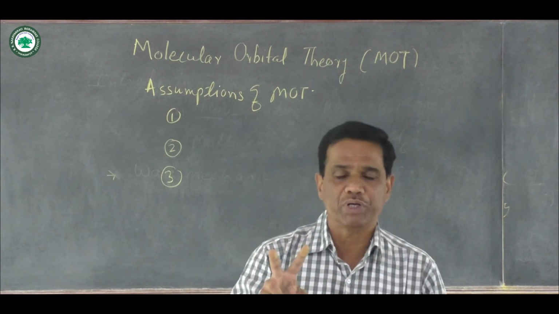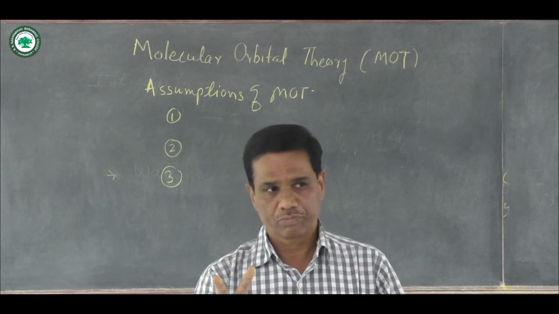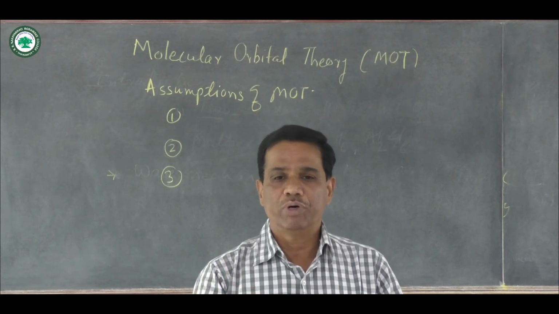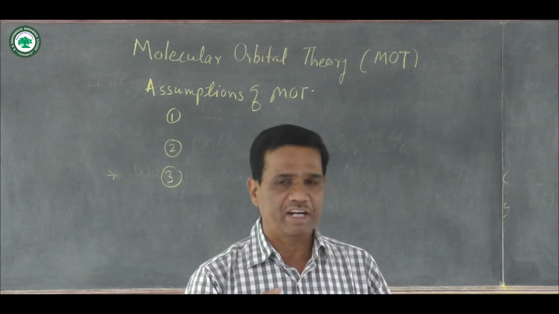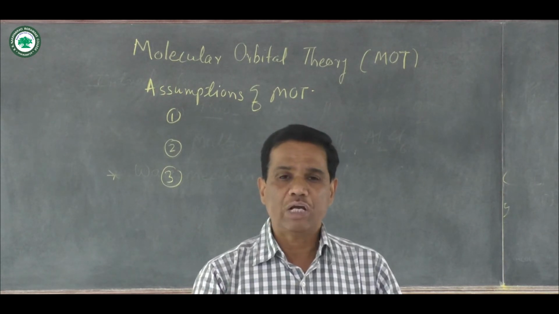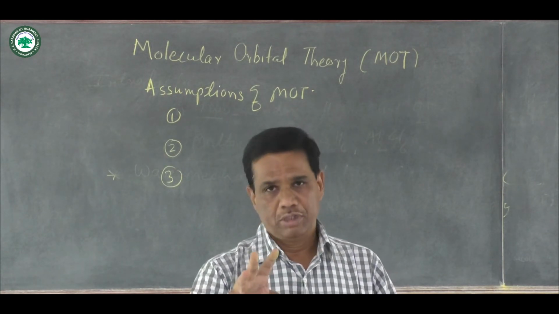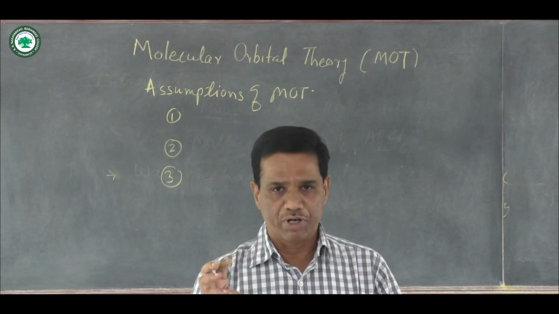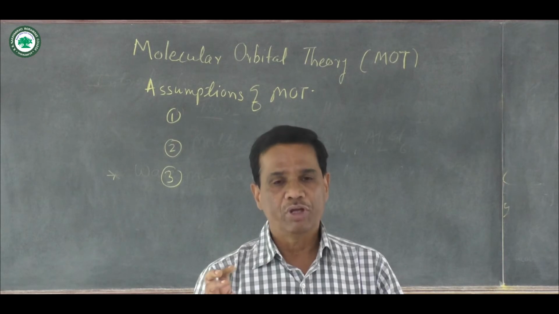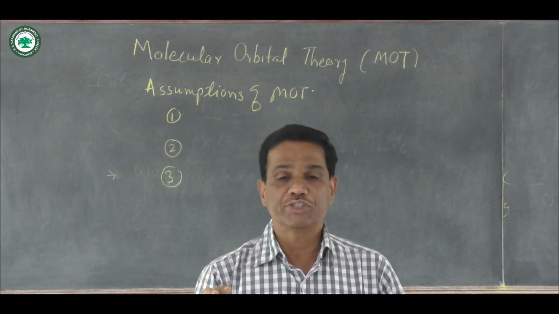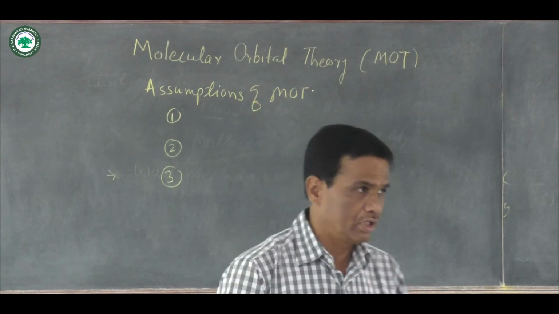Suppose two atomic orbitals combine, then two molecular orbitals are formed: one is a bonding molecular orbital and the second is an anti-bonding molecular orbital. When three atomic orbitals combine, three molecular orbitals are formed: one is called a bonding molecular orbital, second is anti-bonding molecular orbital, and third is non-bonding molecular orbital.